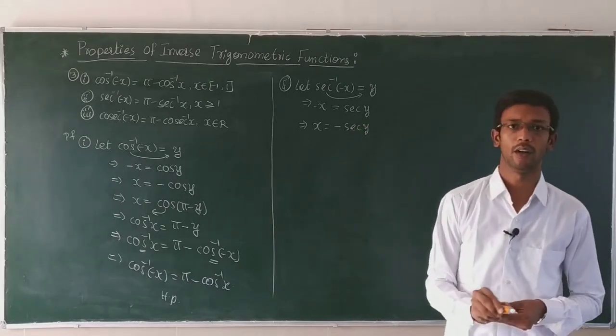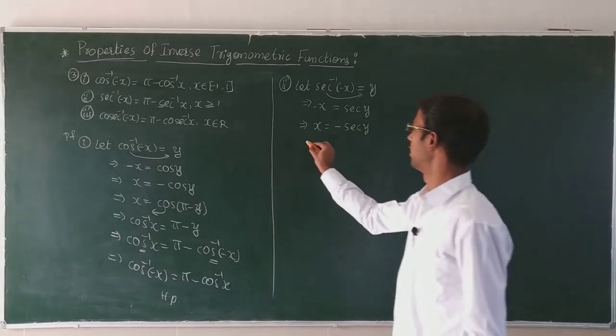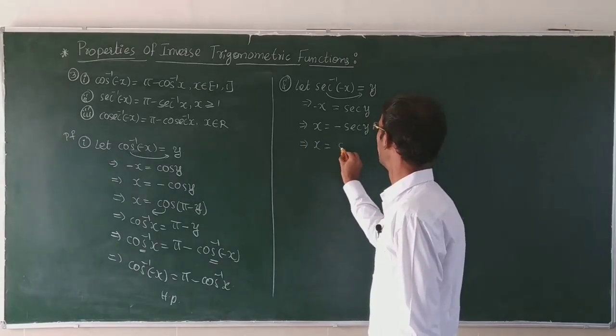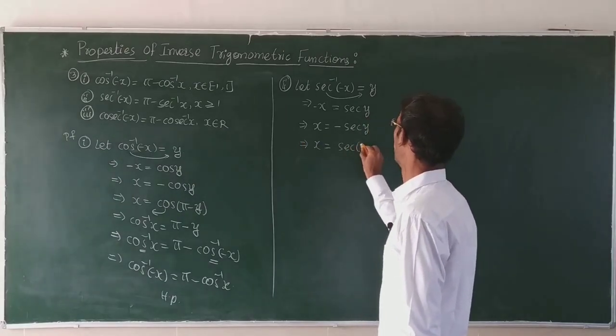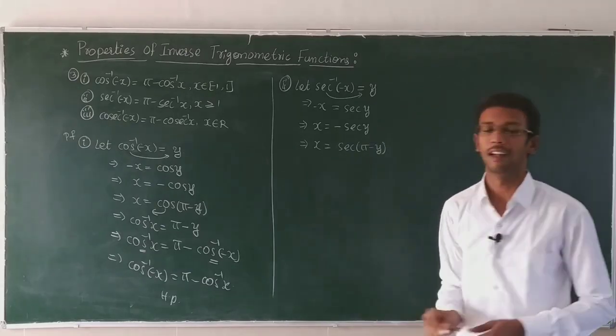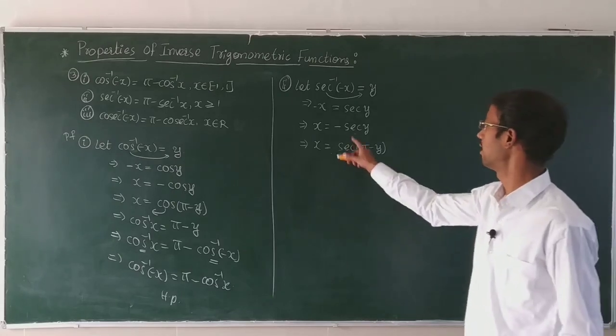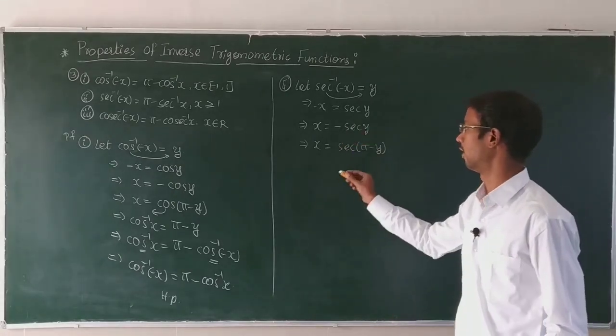X is equal to minus secant y. Which implies x is equal to secant of pi minus y. Why? Because secant of 180 minus theta, second quadrant, secant is negative. So we will get this one.